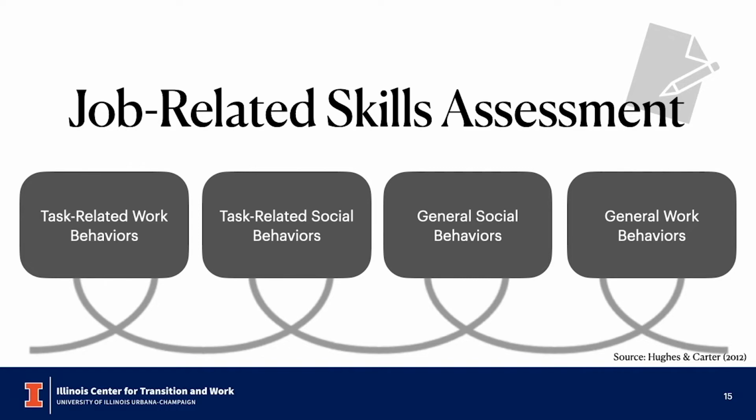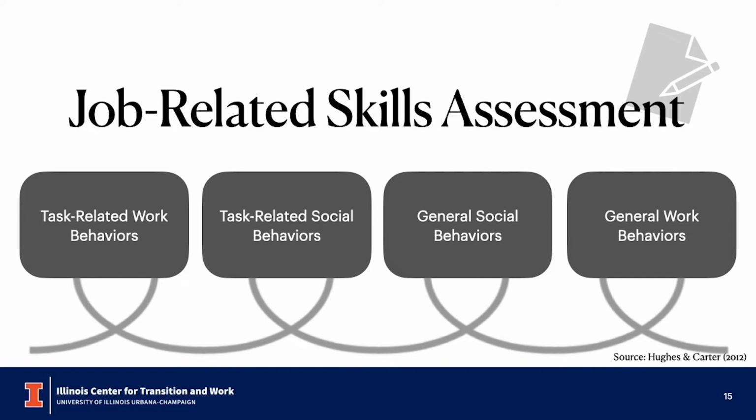And they tend to fall into four categories. There's task-related work skills, task-related social behaviors, general social behaviors, and general work skills. And one explanation for high rates of turnover or even termination among some young people with significant disabilities may be that they perform poorly those skills judged to be most critical for success by their employers.